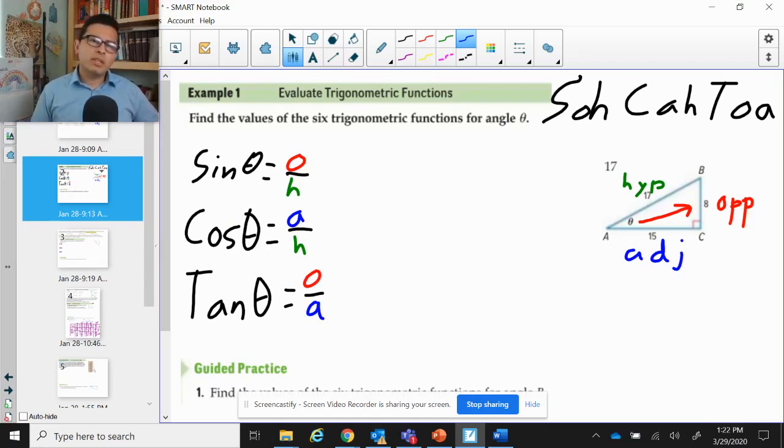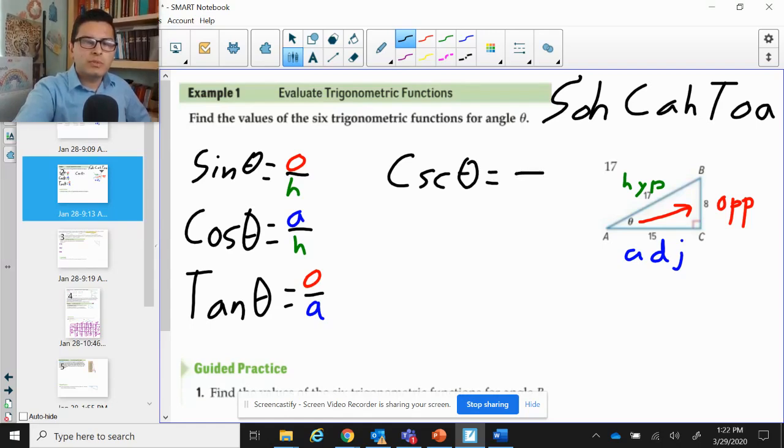We have to remember that they have those 3 connecting ones as well. First, we have our cosecant. We call that CSC. Cosecant of theta is going to equal the reciprocal of our sine. So that's going to be hypotenuse over the opposite.